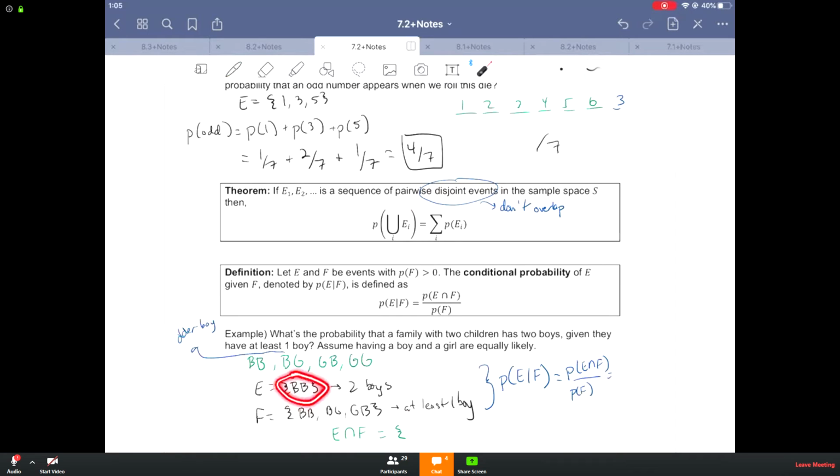There's only boy-boy in this one, and boy-boy in that one, so the intersection is boy-boy. The probability of getting that is 1 out of 4, divided by the probability of getting something in F. F was this set here, with 3 of them in there, so 3 out of 4. So 1 out of 4 divided by 3 out of 4 is 1 out of 3.